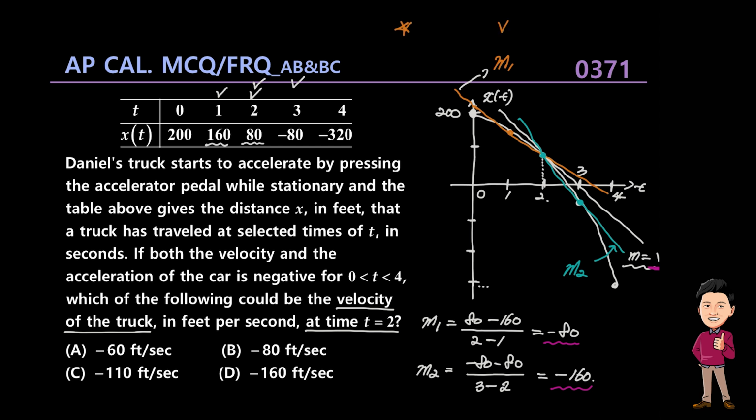Our velocity at t equal to 2 must be between negative 160 and negative 80. So the question is, which of the following could be the velocity of the truck at time t equal 2? That value has to be between negative 160 and negative 80. So the only possible answer could be choice C. So the answer must be C.